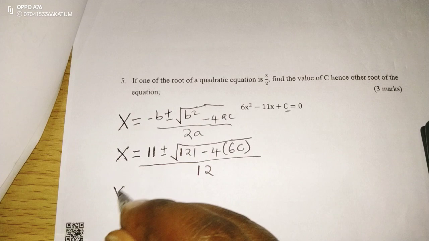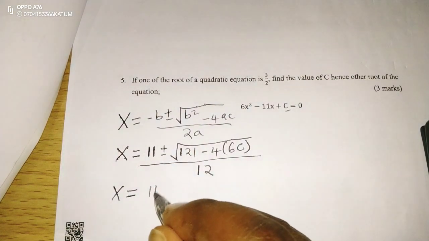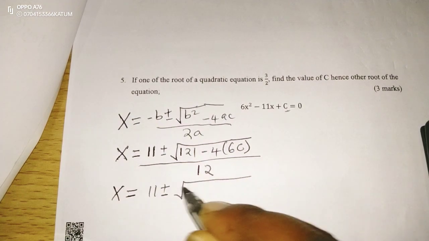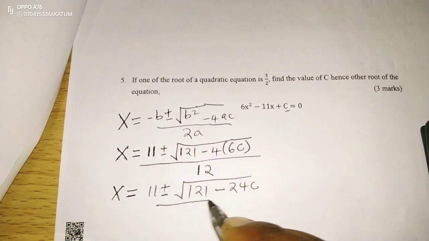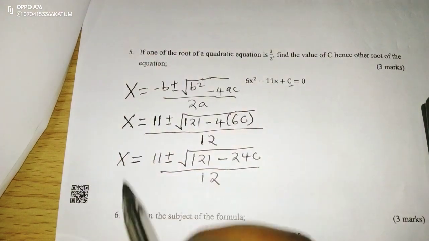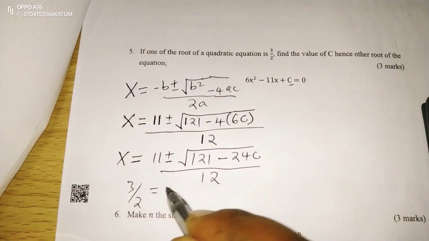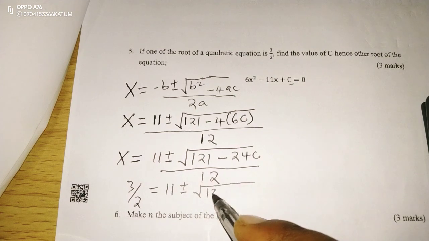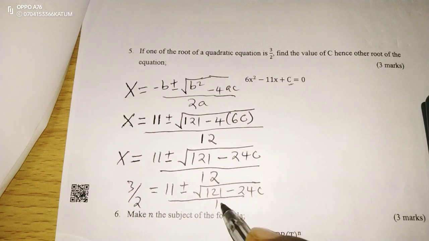So we're going to have x as 11 plus or minus the square root of 121 minus 24c over 12. But remember, of the roots of x, we have one known as 3 over 2, equals 11 plus or minus the square root of 121 minus 24c over 12.